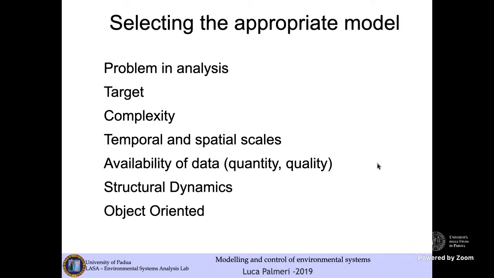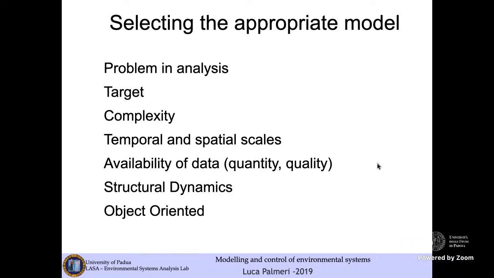So now let's start to discuss the problem of selecting the appropriate model. How can we select the appropriate model? There are a series of guidelines that we shall discuss now. The selection of the appropriate model depends on the problem under analysis.